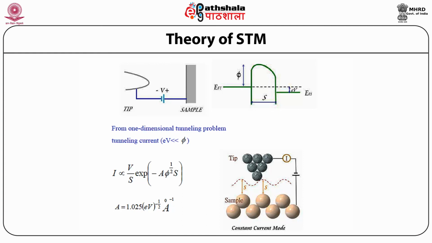Consider a one-dimensional tunneling problem as shown in this figure, where the tunneling voltage eV is very much less than phi, and so the current I is proportional to V by S multiplied by exponential of minus A phi to the power 1 by 2 multiplied by S, and A is equal to 1.025 eV to the power minus half angstrom to the power minus 1.